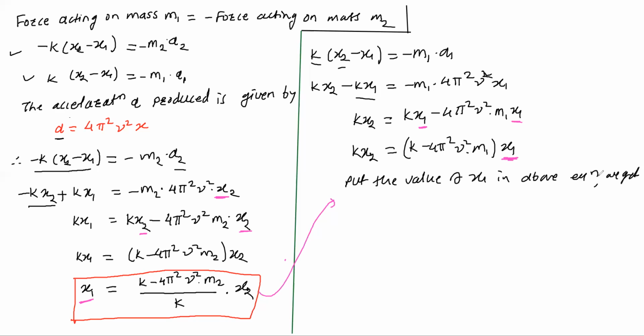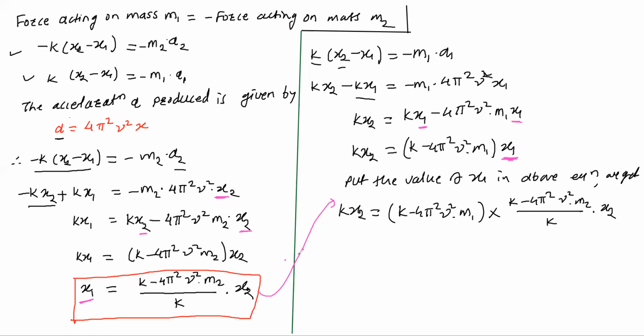So we get k x2 is equal to k minus 4 pi square mu square times m1, and the value of x1 is nothing but k minus 4 pi square mu square times m2 divided by k times x2.